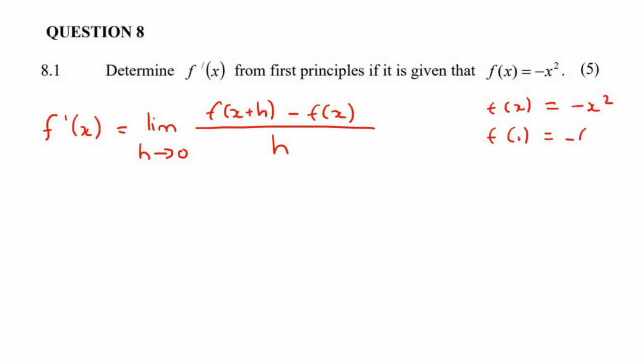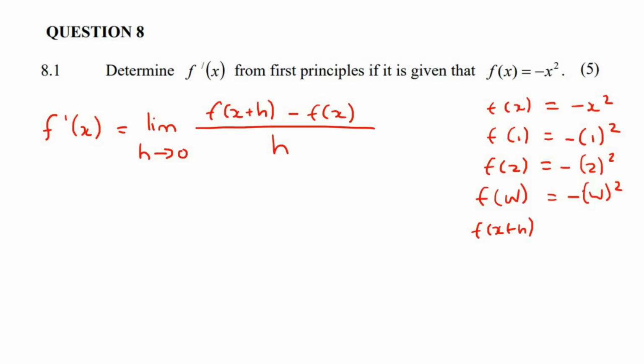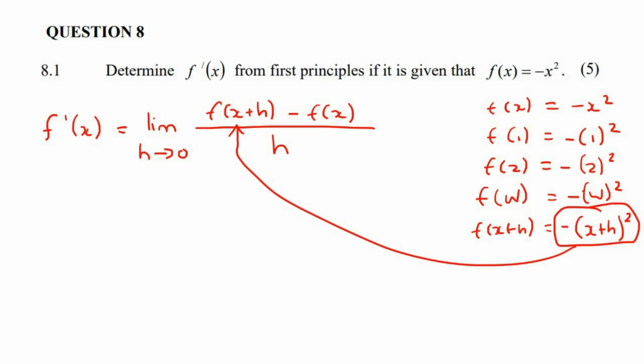Well, you would replace all the x's with 1. If I said f of 2, you would replace all the x's with a 2. So what if I say f of w? Then you would replace all of the x's with a w. So what if I say f of x plus h? Then you must replace all of the x's with x plus h. So like that. And that is what you would put there.